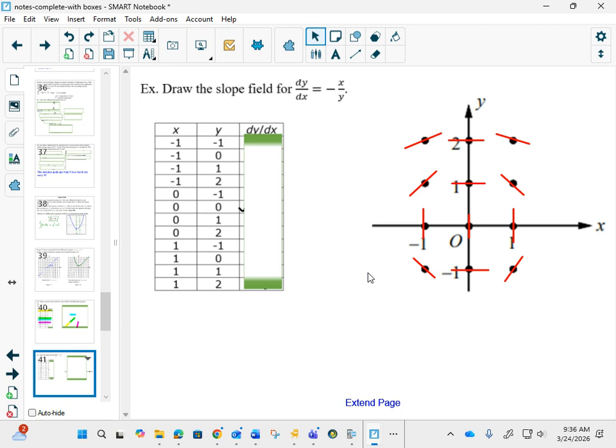Did you see that some of these were undefined? That would cause you to divide by 0. So how does that show up on our slope field? We have straight up and down lines. The function might still exist at those lines, right? Just because the derivative is undefined.